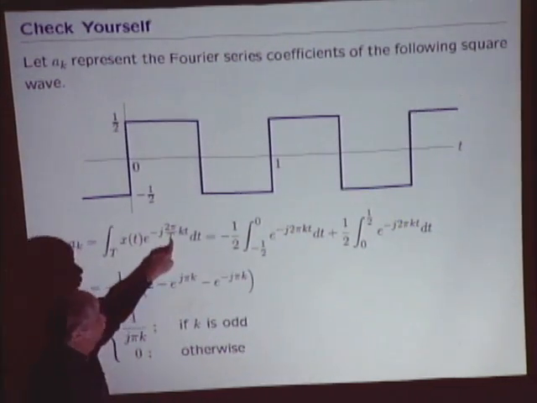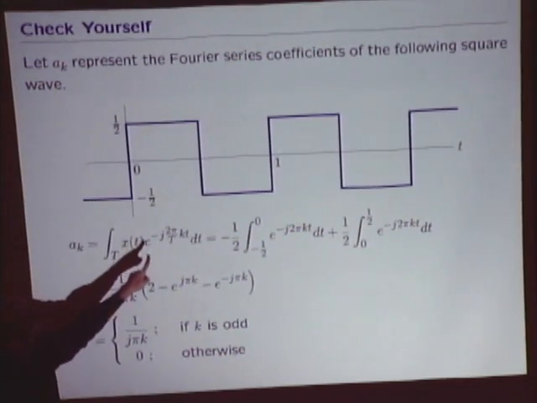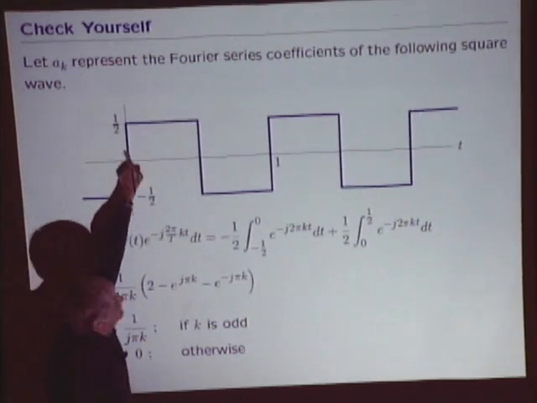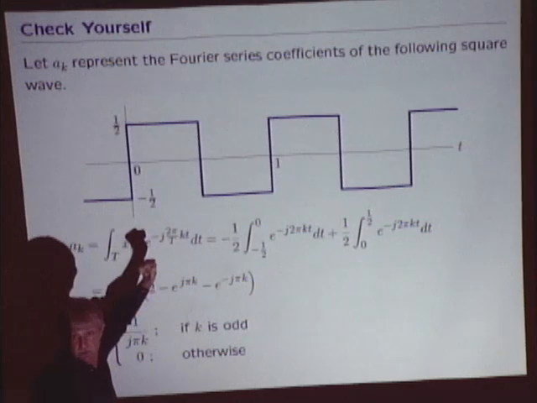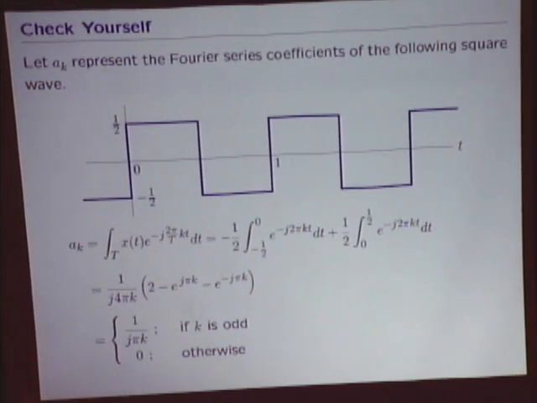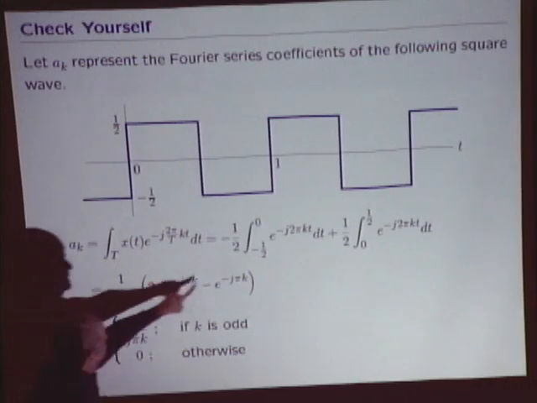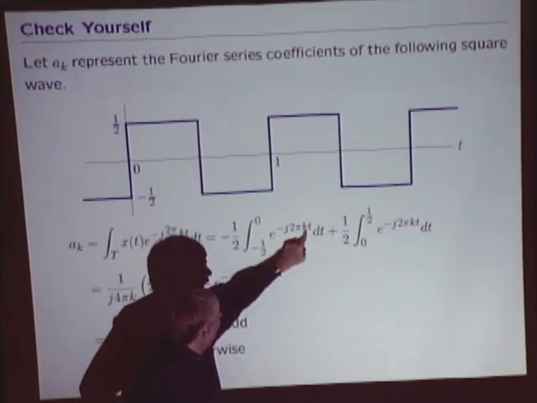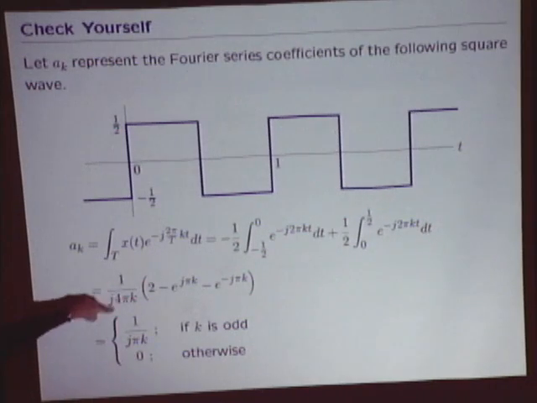Capital T is 1. So I get two pieces, the piece that corresponds to the minus a half and plus a half. When I integrate them, it's pretty straightforward. You integrate this thing, so the minus j 2 pi k flips into the bottom.